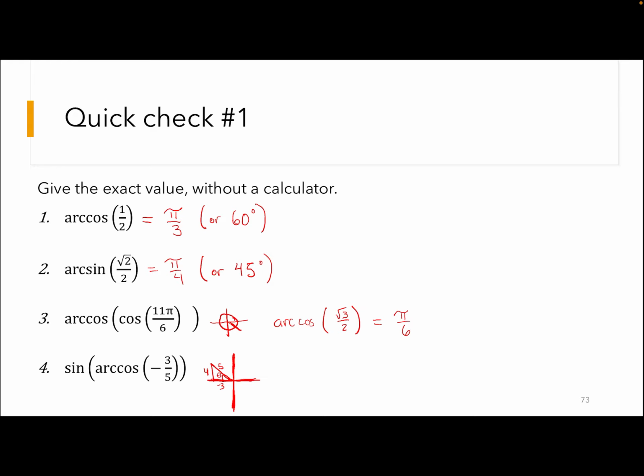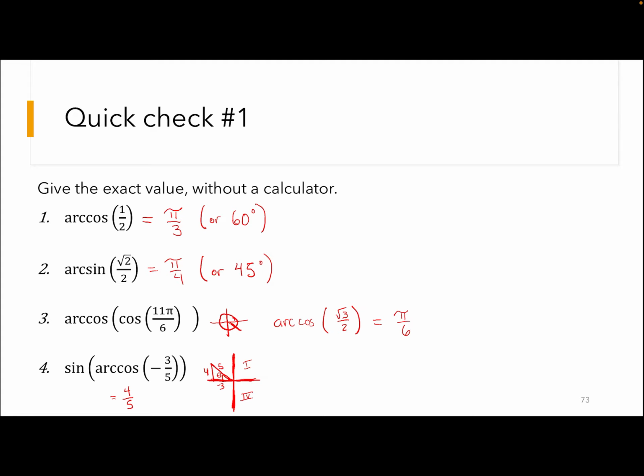Well, remember, sine is going to be defined in either quadrant 4 or quadrant 1. The arc sine function is. So in this case, that's just going to be positive 4 over 5.